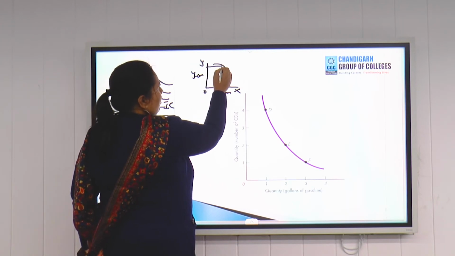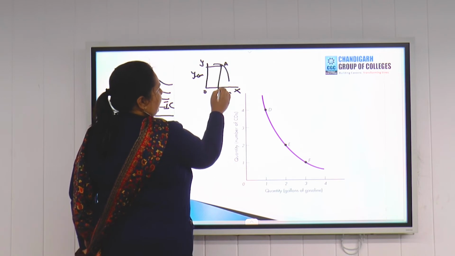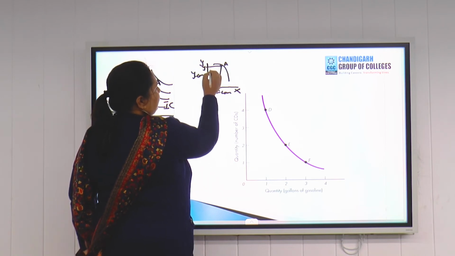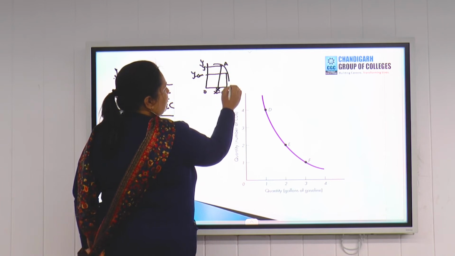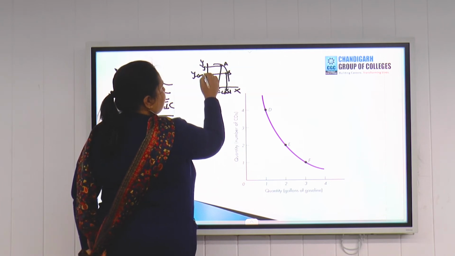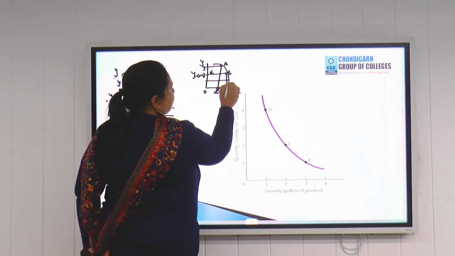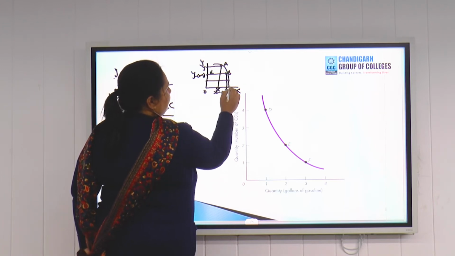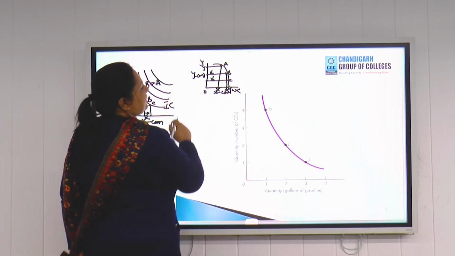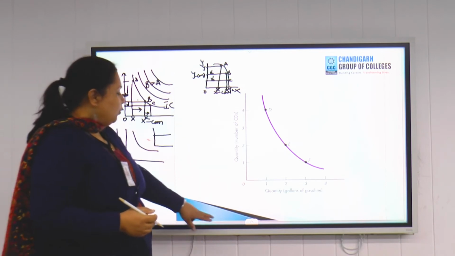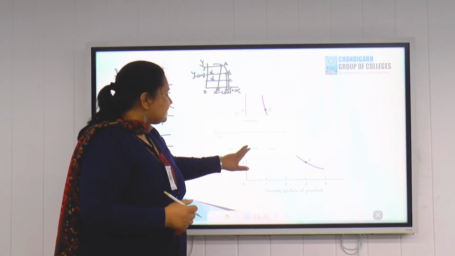If I show combinations here, this is combination A, X commodity and Y commodity. Now this is combination B. Now the third combination is showing that to increase one commodity we have sacrificed more than the previous one, which is wrong.